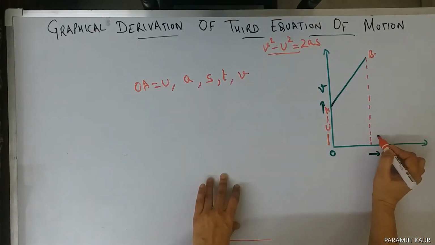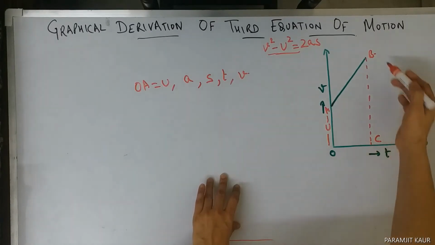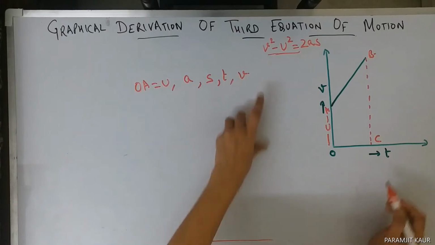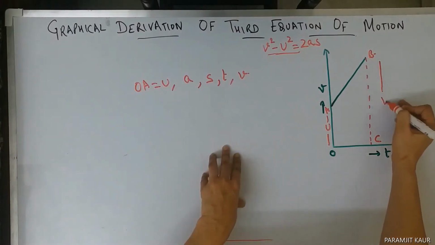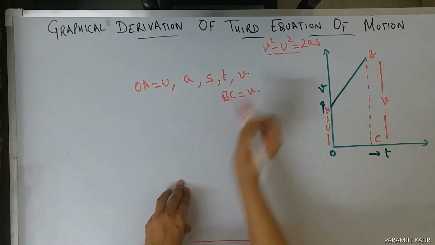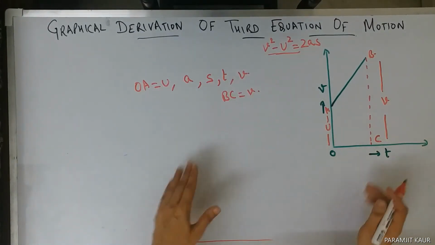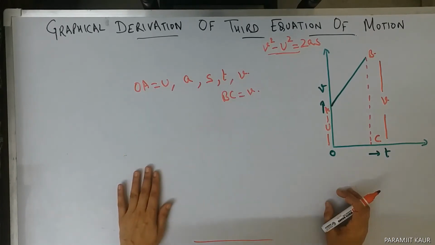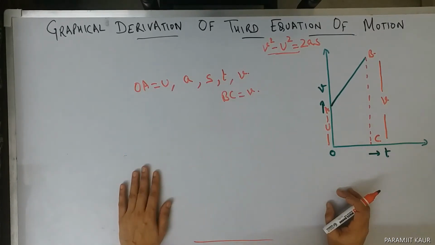Let me name this as C. At point B, the final velocity is V, such that BC equal to V. Right? So this is my introduction for the graphical derivation of the third equation of motion.